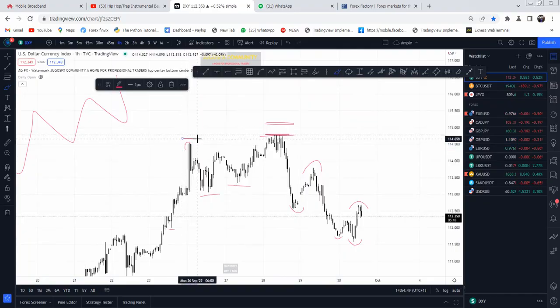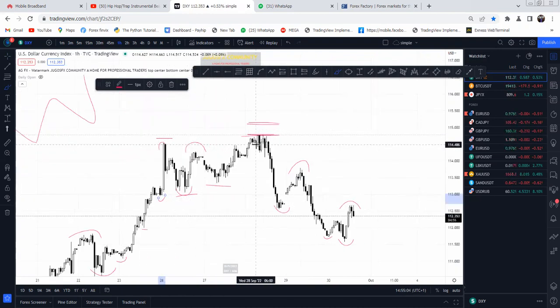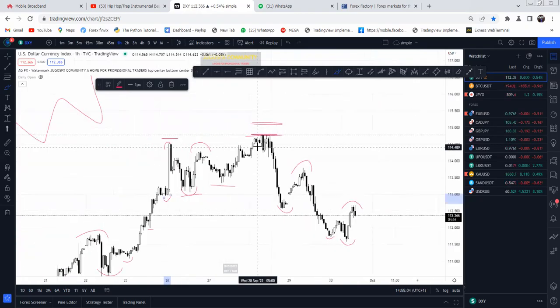What is sitting above here? What is sitting below here? What is sitting all around these areas is called liquidity. We have internal range liquidity and external range liquidity. Internal range liquidity is inside a price movement, like this low, this low, this low.